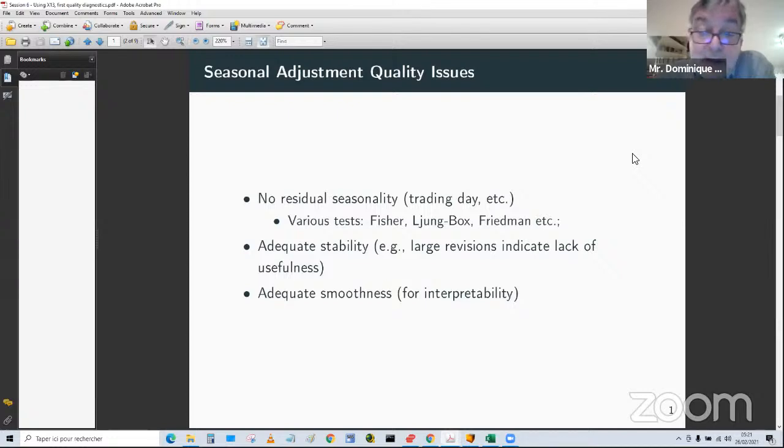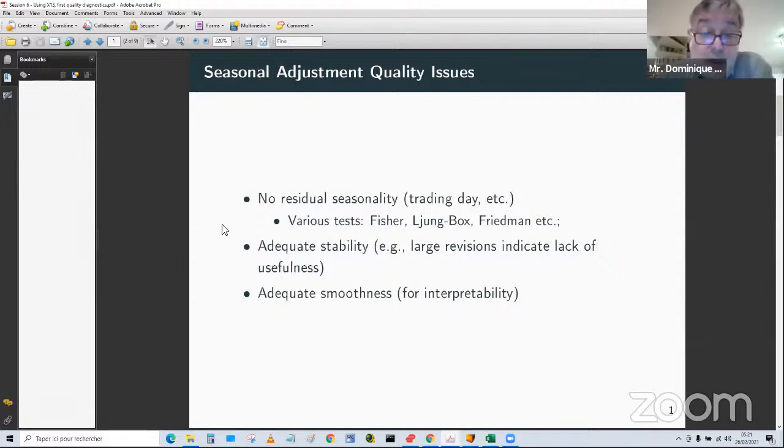I do not want that. So for that, I have various tests. We already saw them 2 days ago. I will show you again the tests, but you have various tests that you can use to see if you have a residual seasonality or not.